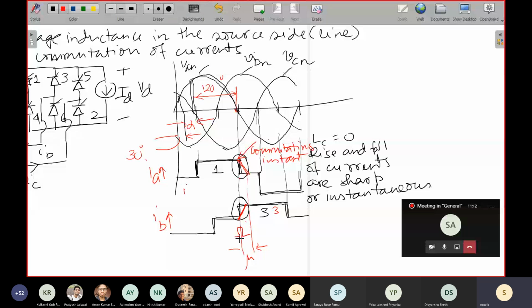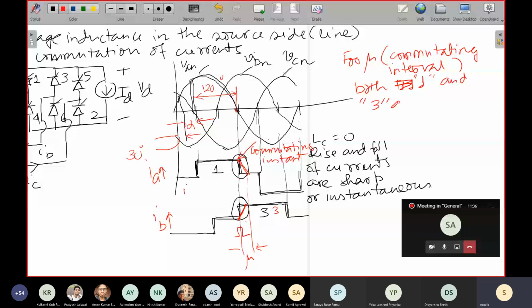So this duration is mu, which is called the commutating interval. Both TH1 and TH3 are on.